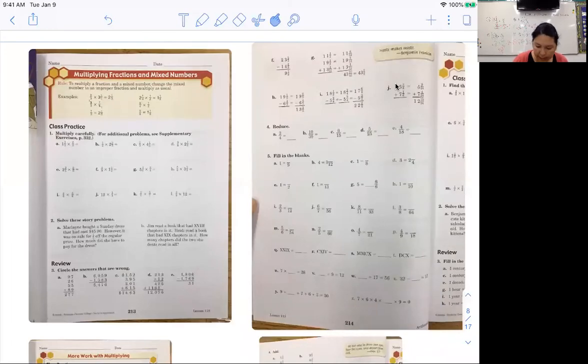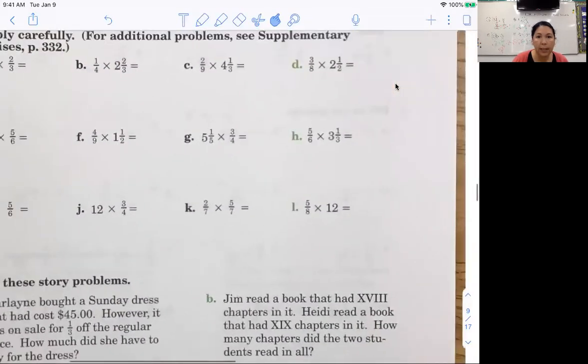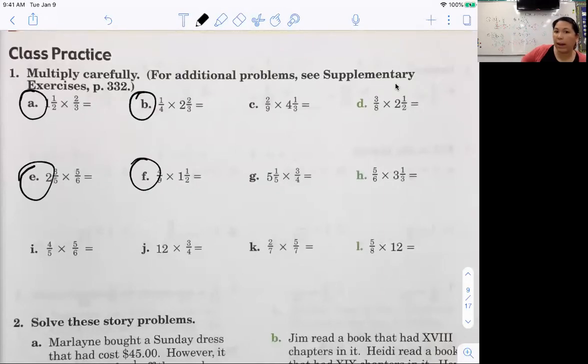On page 213, we just did this one, this one, this one, and this one. So if you didn't do those, rewind the video and do those with me right now because we did those ones together. These are the ones, C and G, that I want you to do by yourself, okay?